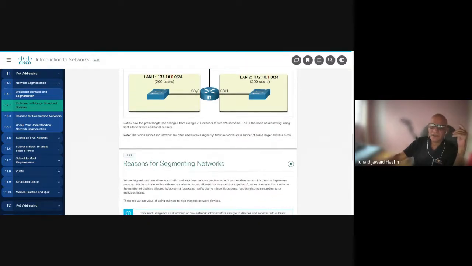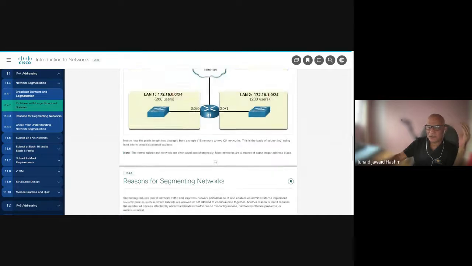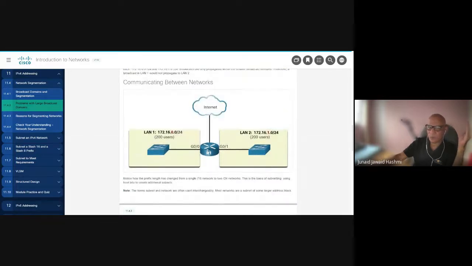So it depends. There's no formula or technique for how many subnets you need to create. It doesn't depend only on how many users. It depends on multiple factors: how many users there are, and what type of applications are being used.